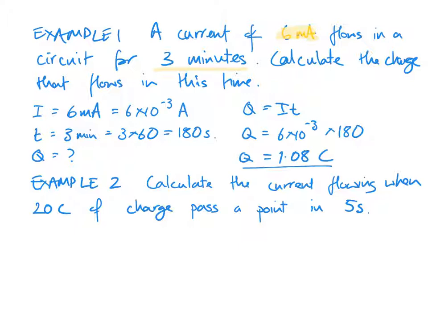Once again, go through, identify your numerical information in the question, and then start listing it. So this is why it's important you recognize the abbreviations for the units. The coulombs goes with Q for charge. The T is 5 seconds, and I is what you're trying to work out. Formula is Q equals IT.